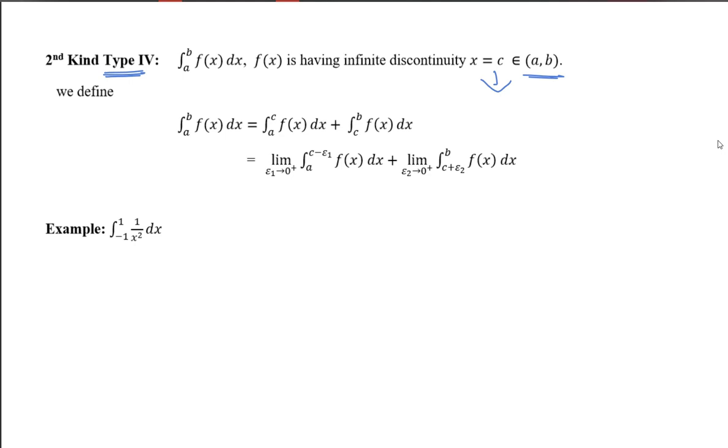In that case, we take this point of discontinuity C and divide the integral into 2 parts. If we have 2 points of infinite discontinuity C1 and C2, we will break it as A to C, and you have C1 less than C2.